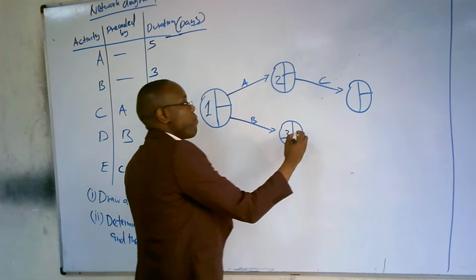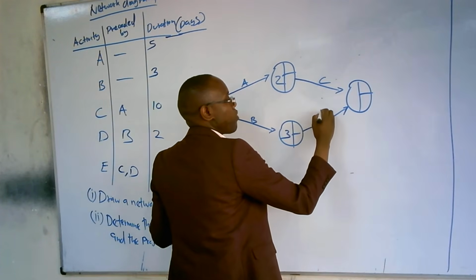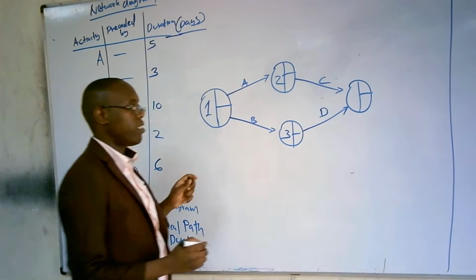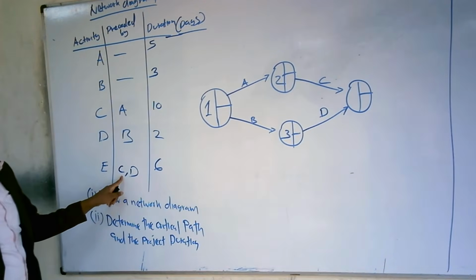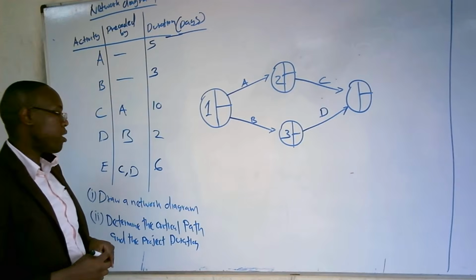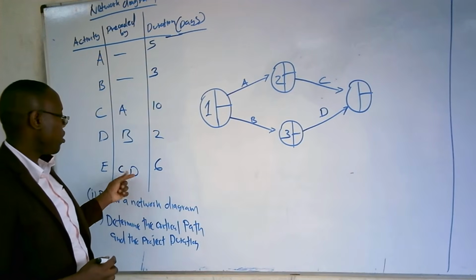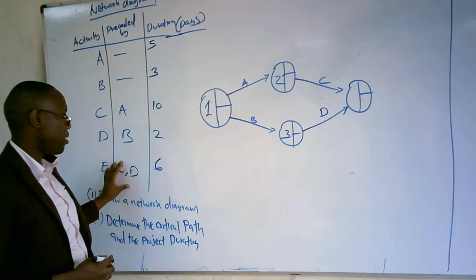So it's going to start from here, and it will end with this particular activity C, so that C and D end together the way the question is saying. So now activity E is going to start from where C and D end.